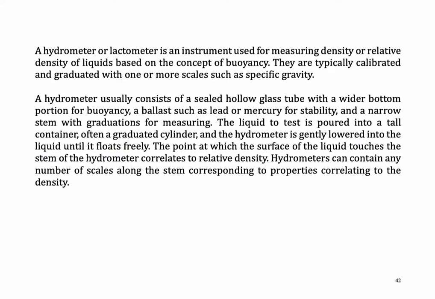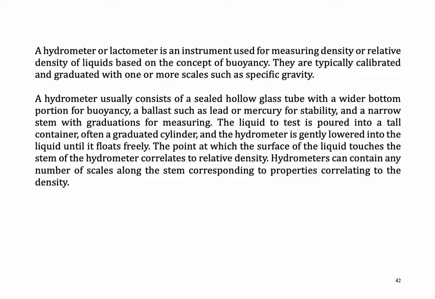A hydrometer or lactometer is an instrument used for measuring density or relative density of liquid based on the concept of buoyancy. They are typically calibrated and graduated with one or more scales such as specific gravity. A hydrometer usually consists of a sealed hollow glass tube with a wider bottom portion for buoyancy, a ballast such as lead or mercury for stability, and a narrow stem with graduation for measuring.